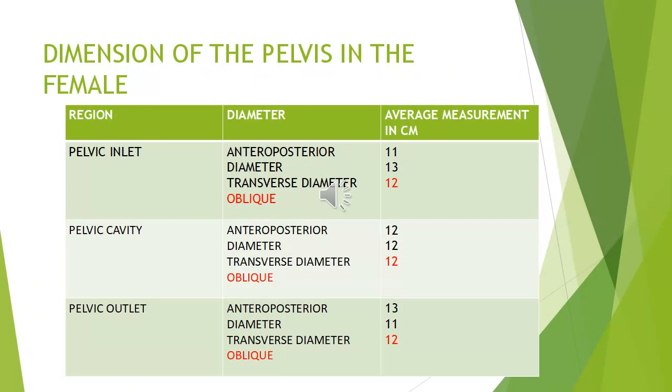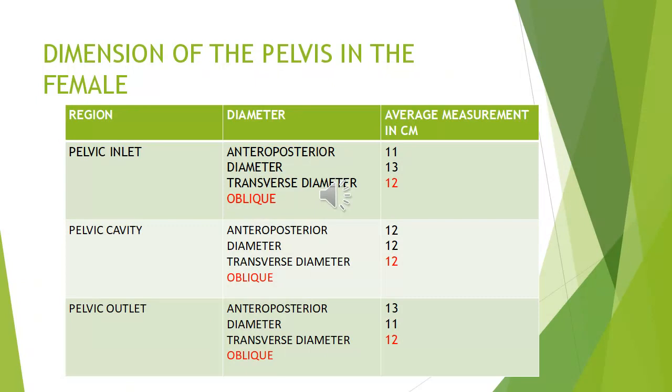Then the iliopubic eminence. After that, the pecten pubis line. So one point is the iliopubic eminence to the opposite sacroiliac joint. That means if you are taking the right iliopubic eminence, the next point is on the left sacroiliac joint, so oblique. It is 12 centimeter in the case of the pelvic inlet.